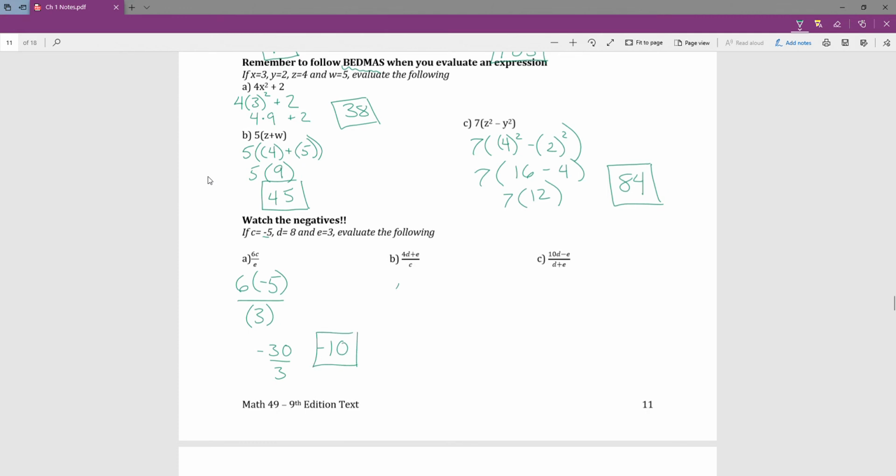A couple more of these ones. Take your time. It's easy to miscopy something, especially while I'm talking and you're trying to work and think. I'd have to deal with this as a grouping sign and deal with everything on the top first.